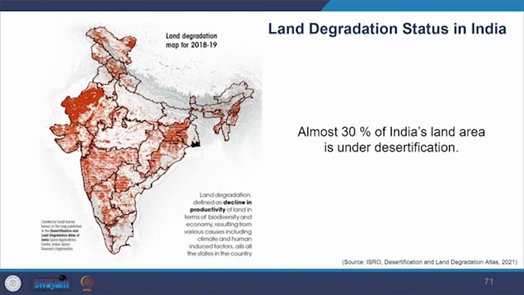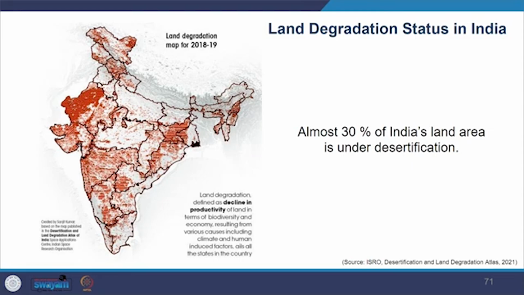If you see land degradation status in India, India faces a severe problem of land degradation, or soil becoming unfit for cultivation. So we are also facing those problems. Land degradation is definitely among India's most pressing environmental problems, and you can think about that we are still a lot dependent on agriculture. So there's a lot of change.